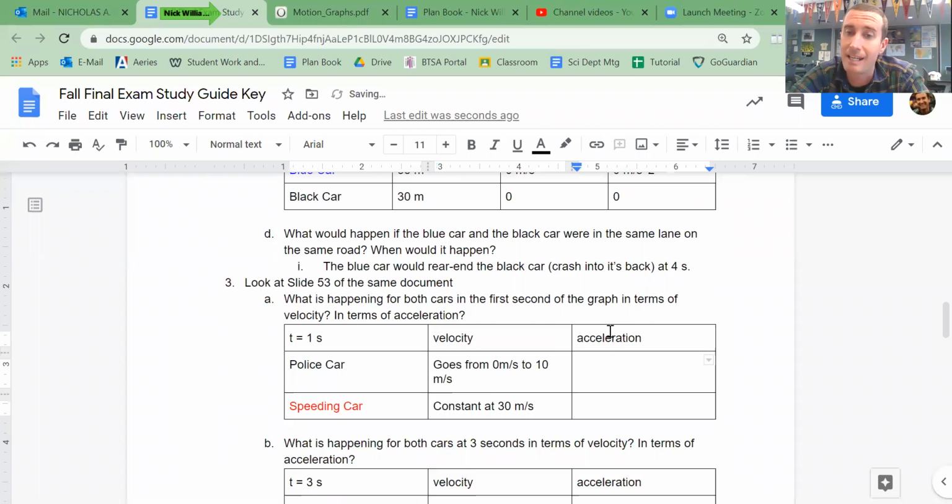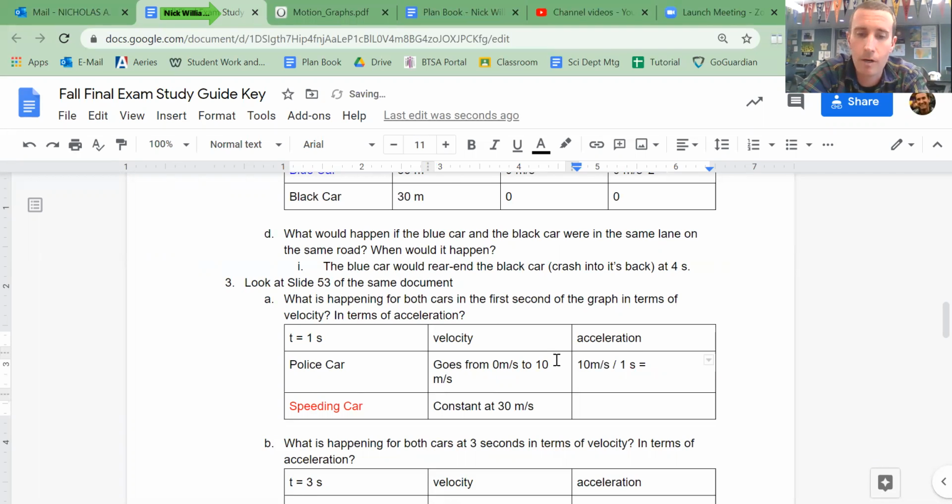Okay, now in terms of acceleration, well, I kind of answered that in my velocities. I go from 0 to 10 in 1 second. So that would be a change of 10 meters per second divided by 1 second, which is how long it took to happen.